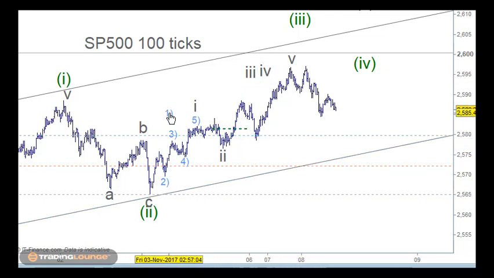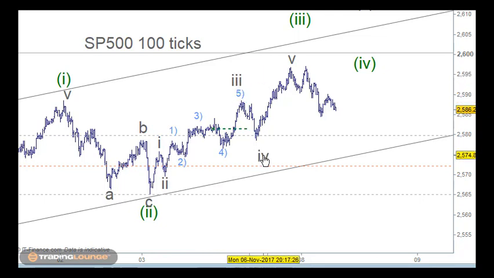I need to move this wave 1 and 2 here, and then put this as wave 1 here and wave 2 here, wave 3, and an A, a B and a C for wave 4 here, then wave 5 here for this wave 3, then this wave 4, and then this wave 5 coming into this play here.